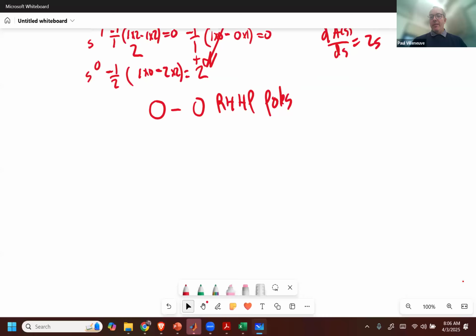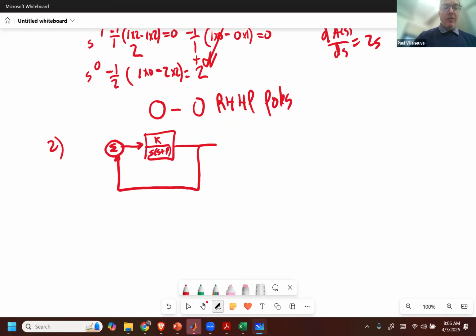Okay. Lucky number 2. So we had a block diagram, and we had a feed forward 4 over S times S plus P, and then we had unity feedback, and this was plus minus.